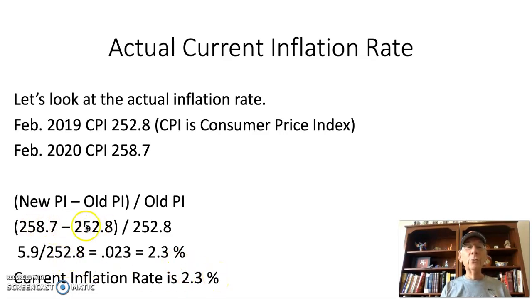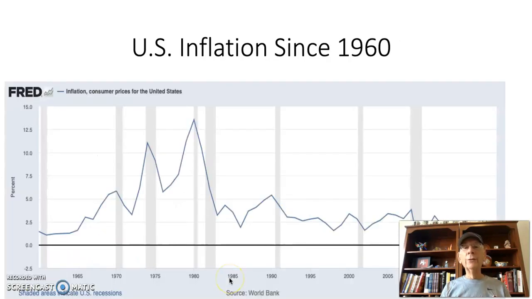The change, new minus old, over the old. 2.3%. So, as I say, I always like to show you what's going on in the real world. Sorry, I cut off part of this. I'm not that good yet at making videos. Please forgive me.